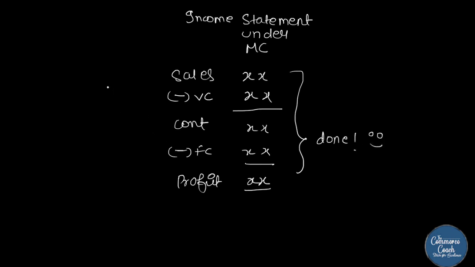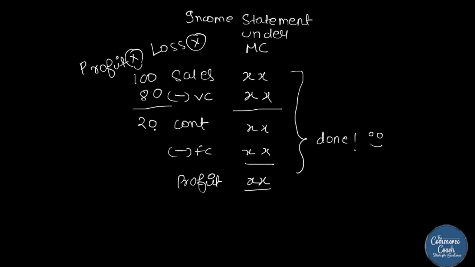Now if you talk about BEP, you will be earning no profit, and at the same time you will not be incurring any loss either. For this situation, let's suppose the sale is 100 and variable cost is 80. Now the contribution is 20 and your fixed cost is also 20. Now your profit is 0.